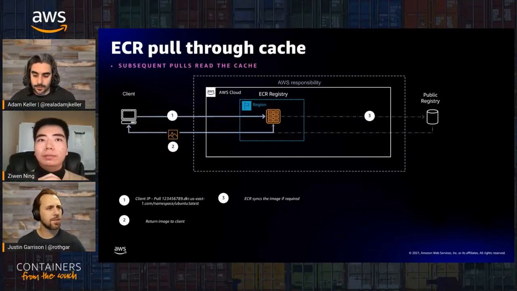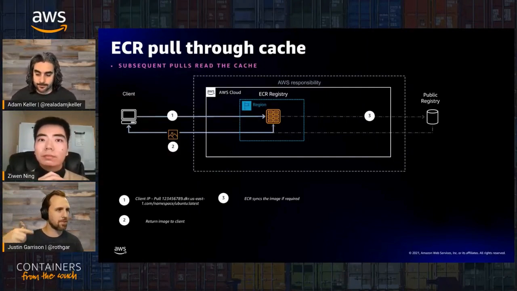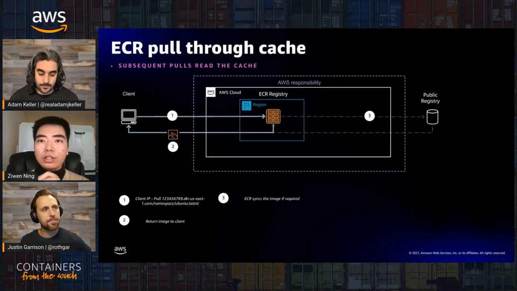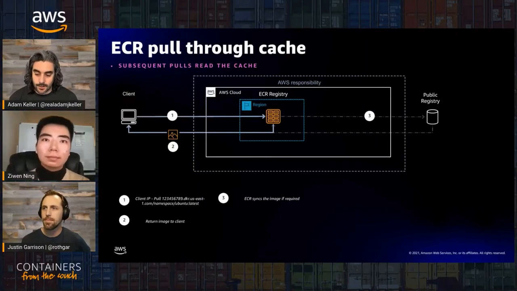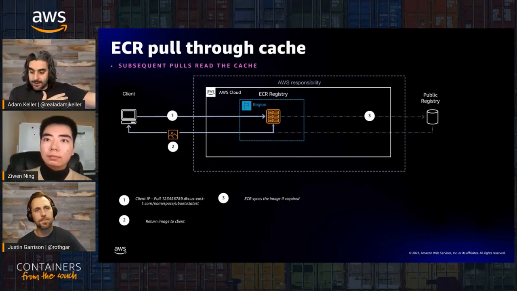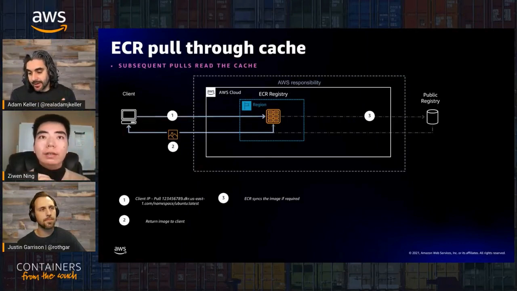So does it do that synchronization only when I'm pulling, or does it automatically, based on rules, always check that and pull in the latest? Yeah, it only does the asynchronous image sync when you send a pull request. Got it. So just to clarify, when I do a Docker pull, it's going to check upstream, and if that image is different than what I have cached, it's going to pull that latest image into my cache.